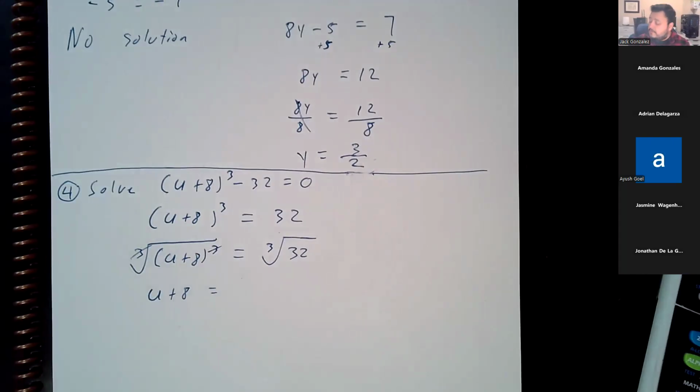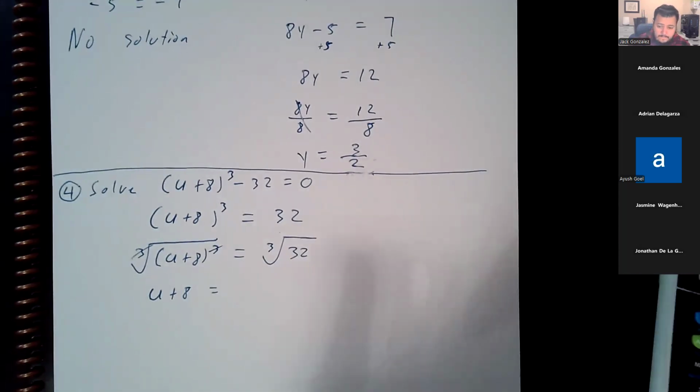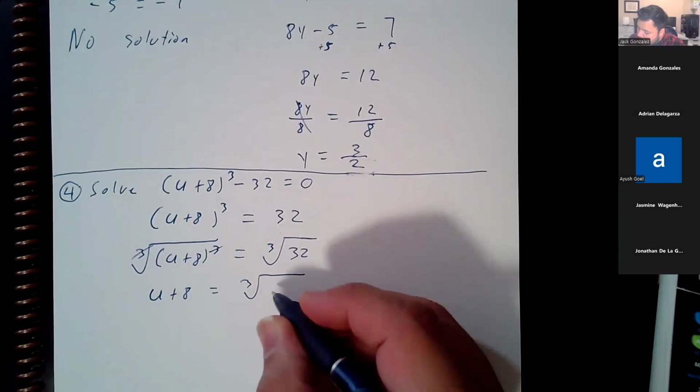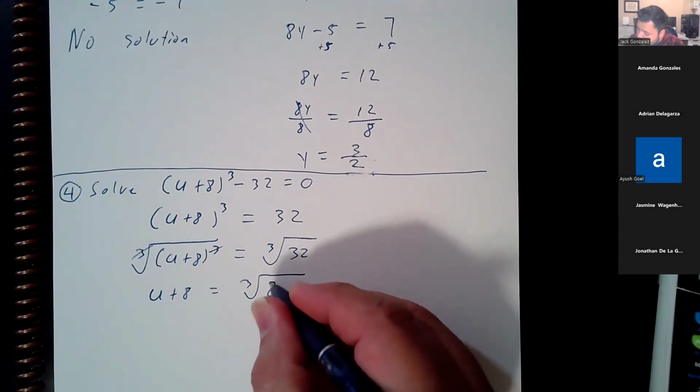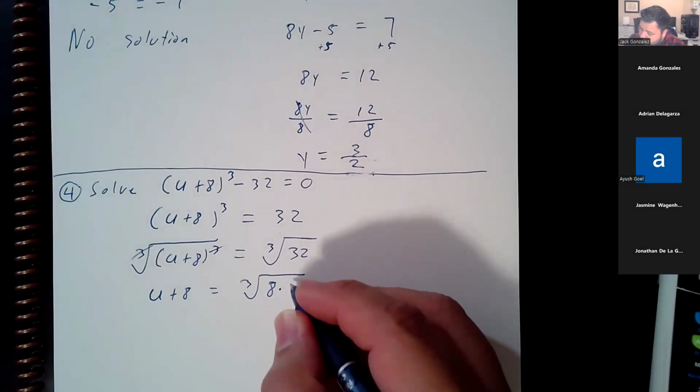I think that's going to be 4, right? Oh man, my calculator died. 4 times 4 is 16, times 4 is 64. So no, that's not going to be pretty. So we got to pull out a cube power. The smallest cube is 8. 8 times 4 is 32.